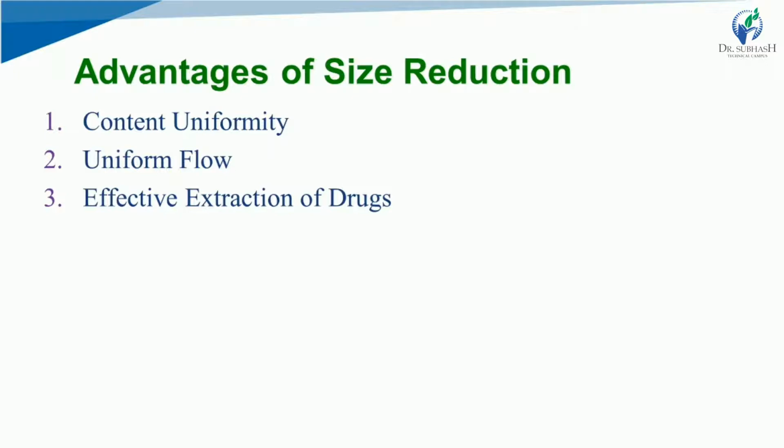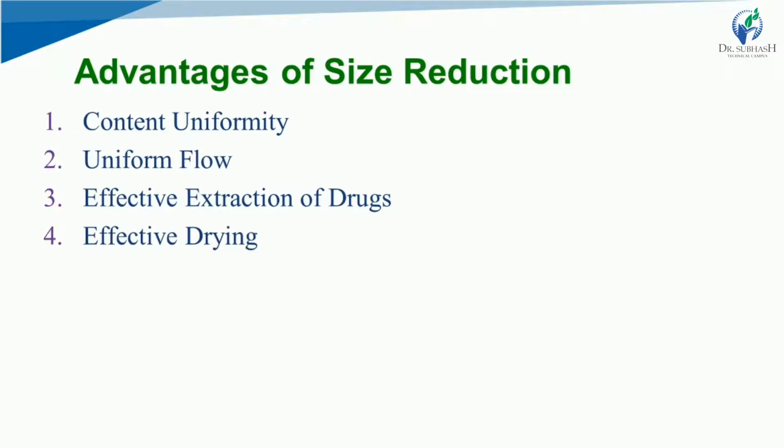For example, pancreas is subjected to grinding action for extraction of insulin. Normally, fine powders are preferred for compound powders, while moderately coarse powder is used for preparation of tincture. Coarse powder without fines is employed in the percolation process. So this way, effective extraction of drug happens when you perform size reduction.